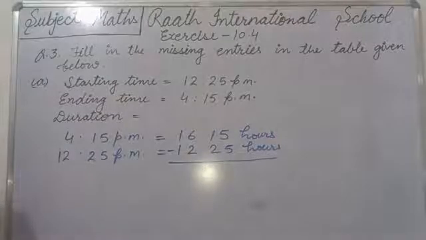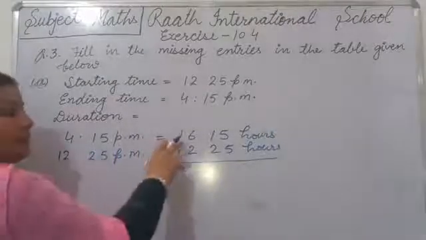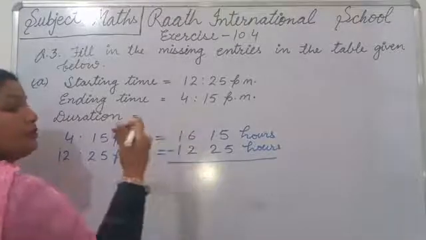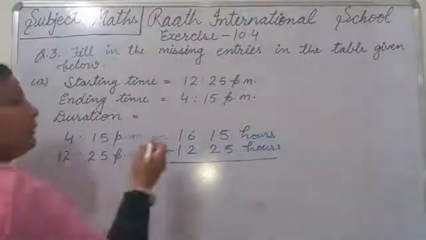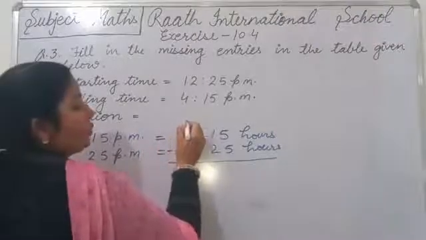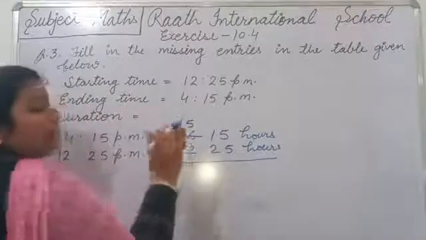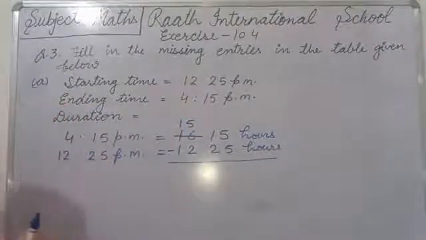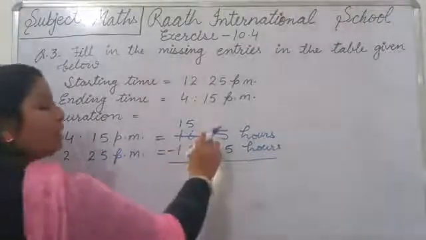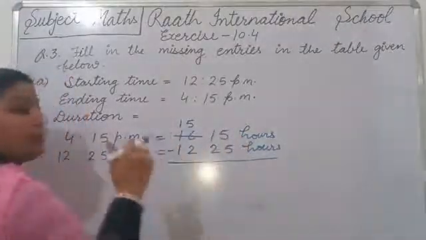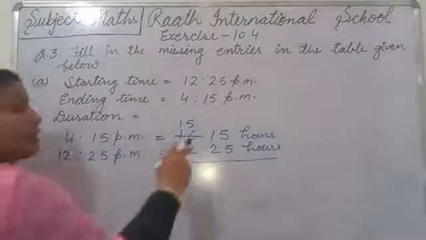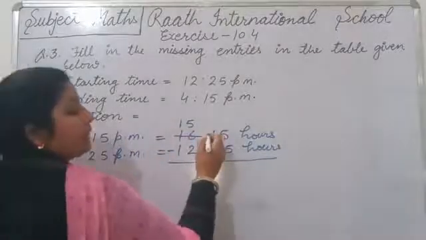So for that we take borrowing from the hours. In hours we have 16 hours, so we borrow from here and there will be 15 hours. One hour we give as borrowing to the minutes. Already 15 minutes is there and 1 hour makes 60 minutes. So 60 plus 15 is 75.